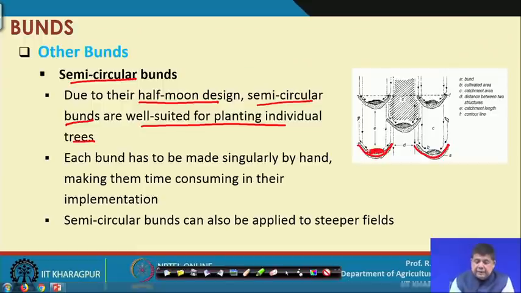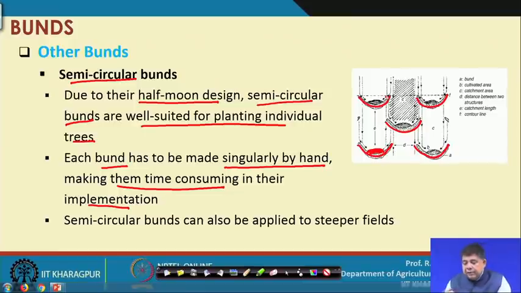Because of their typical shape, each bund has to be made singularly by hand, making them time consuming in implementation, which is quite obvious. The time required and the labor requirement will be much higher in this case.